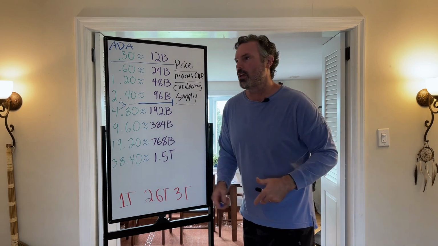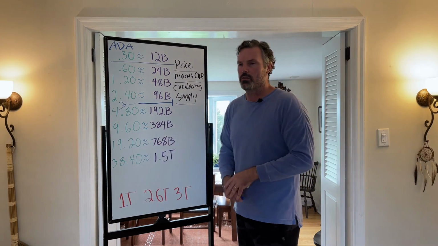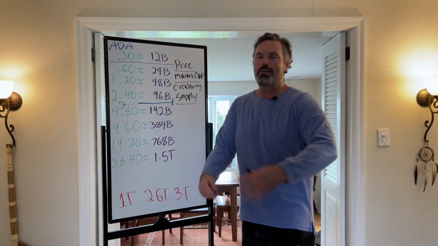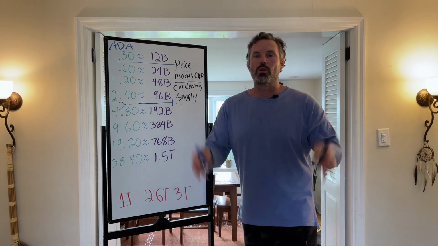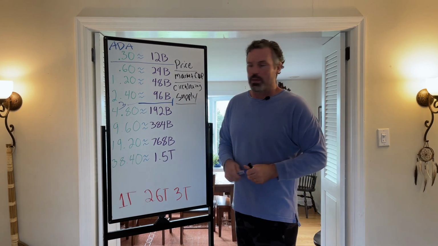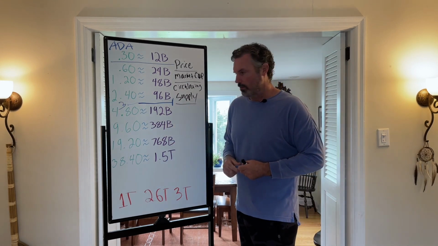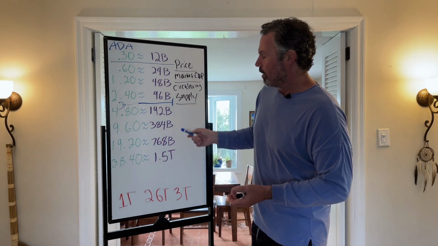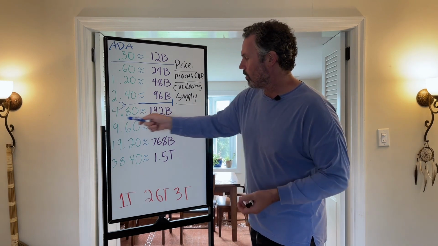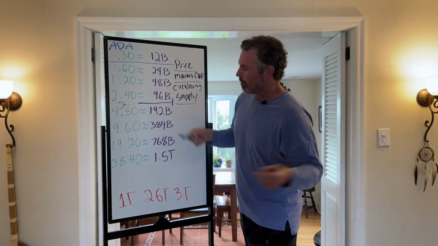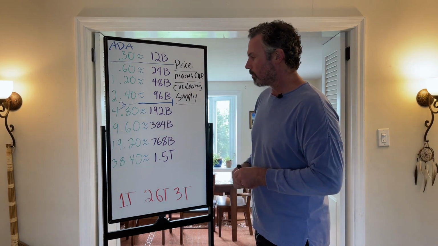Okay, so when people say, oh, ADA could go to $10, ADA could go to $30 or $3, I think people are just throwing out these prices without really wrapping their mind around what it's going to take to get those prices. Okay, so let's move down. Around $5, you're looking at $195 billion market cap.